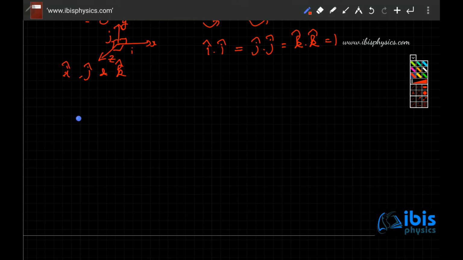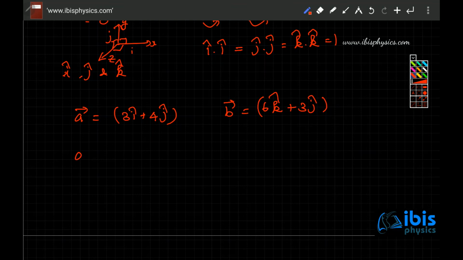So suppose A vector is 3i cap plus 4j cap and B vector is 6k cap plus 3j cap. Now what you need to do, in order to get i dot i, is multiply the coefficient of i with the coefficient of i. How do you carry out this dot product, A dot B? If there is no k or something, whatever is not there, put a 0.